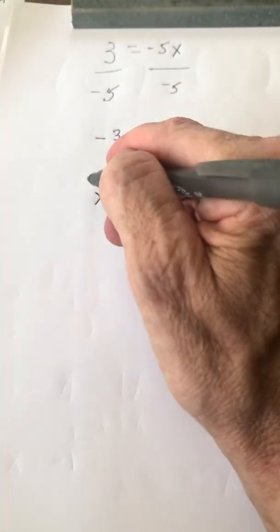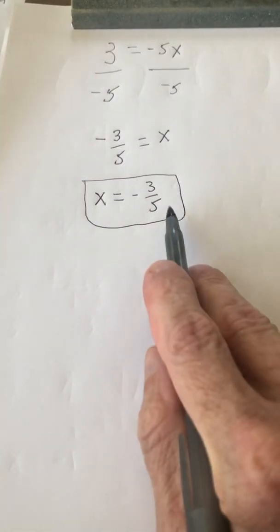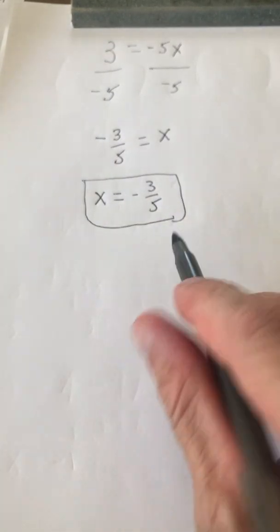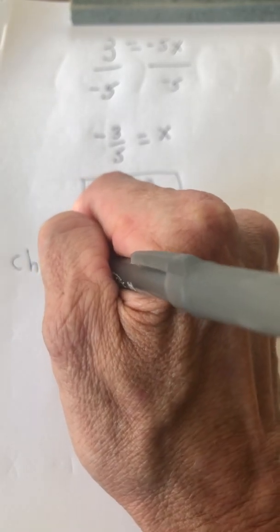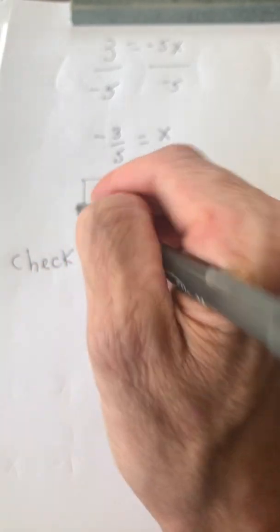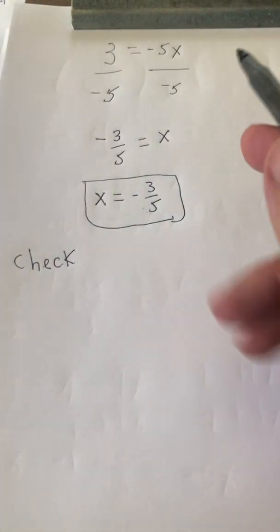So this is what we think the solution is, but what we can do is make sure that if it is in fact the solution, it will give us a true statement if we plug it in to the original equation. Remember the original equation?